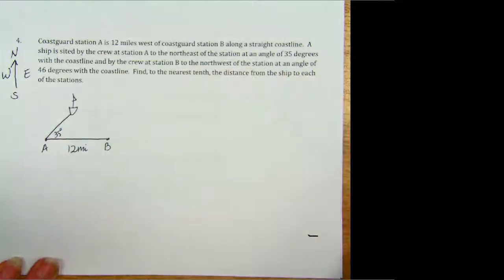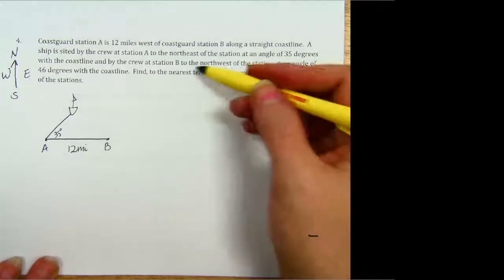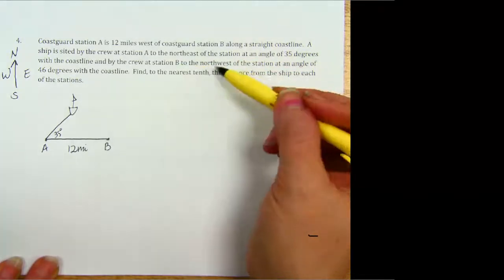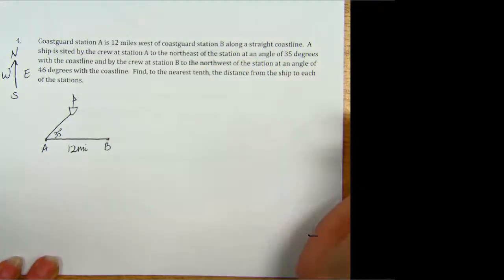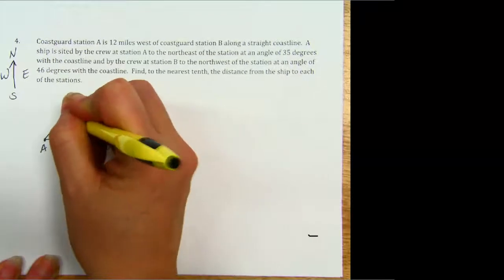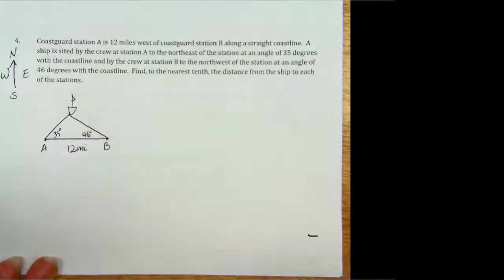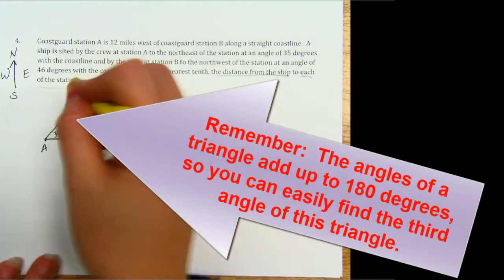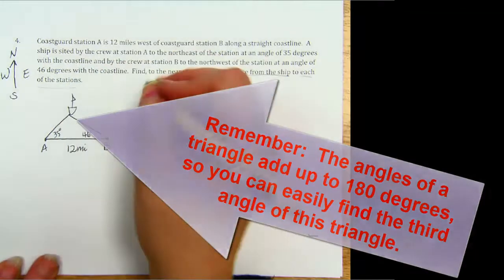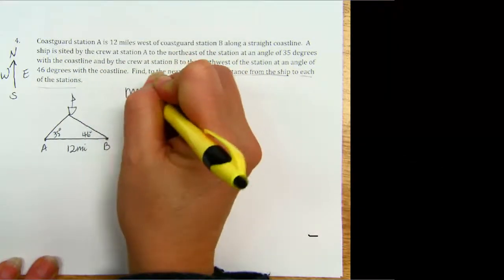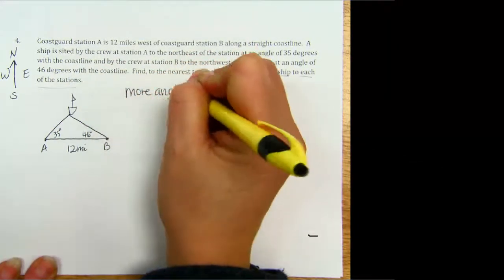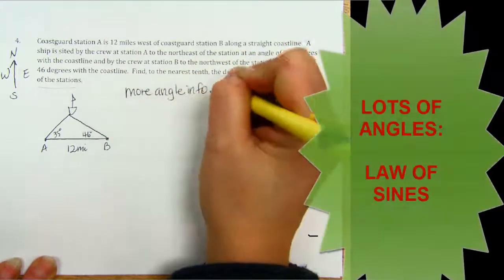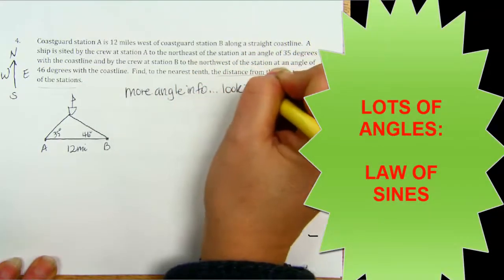And by the crew at Station B to the northwest of the station at an angle of 46 degrees with the coastline. Angles of a triangle add up to 180, so you can get that third angle. We want to find the distance between the two ships. We have lots of angle information. We'll use the law of sines.